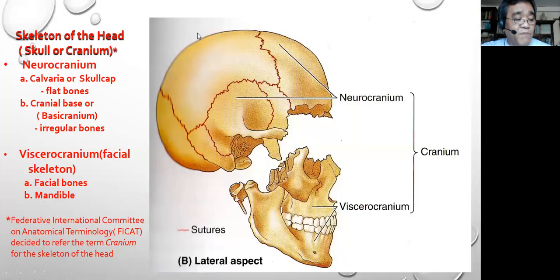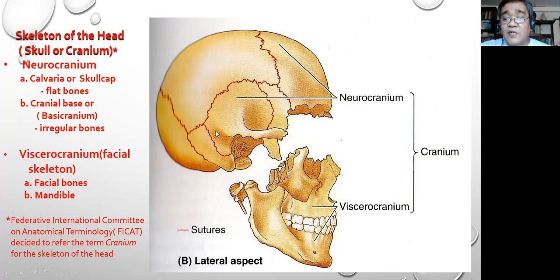Now, going to the bony framework of the head, otherwise known as the cranium, or commonly we refer to it as the skull, it is actually made up of two parts. The first is your neurocranium, this one, and your viscerocranium, or this one. The neurocranium serves as the bony case of your brain.